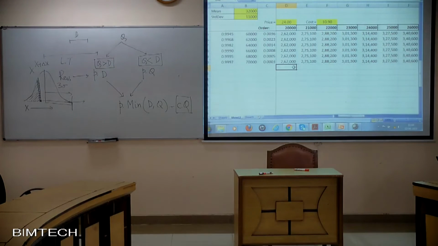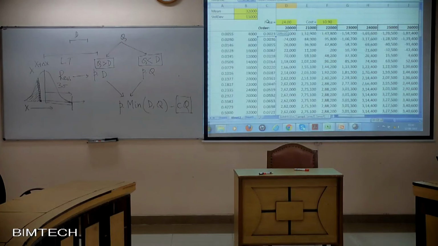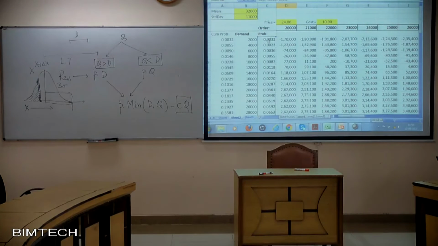Very simply, we use the inbuilt function SUMPRODUCT. Okay, and SUMPRODUCT of what? The probability column. Okay, so I cover the entire range of the probabilities.